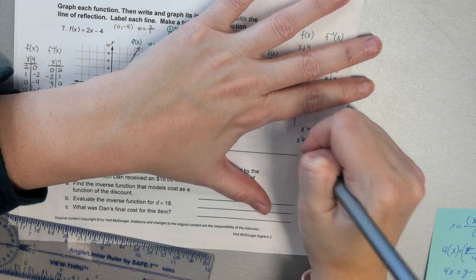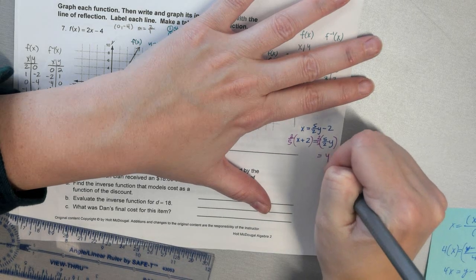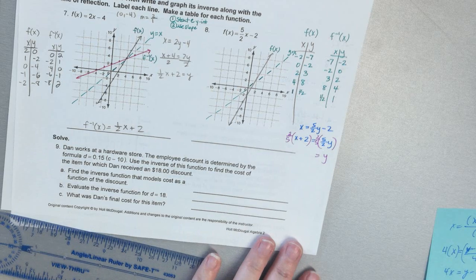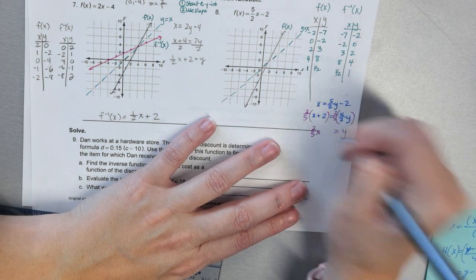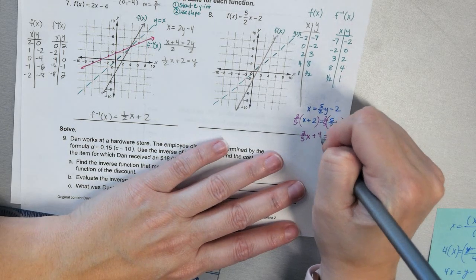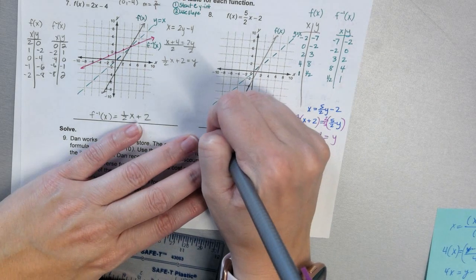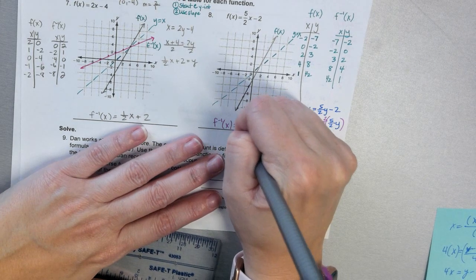So remember, we'd have to do that part without a calculator. Do we remember how to distribute a fraction? 2/5 x, and then 2/5 times 2 would be what? 4/5. Okay, so then your inverse would be 2/5 x plus 4/5.